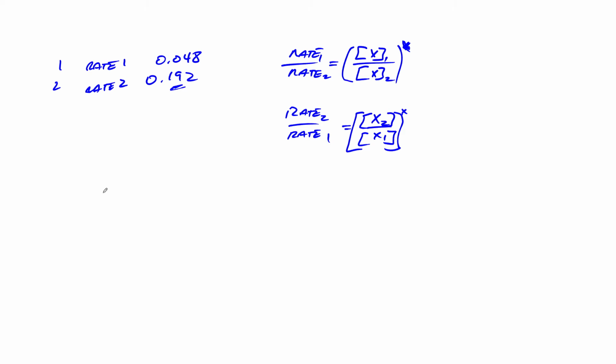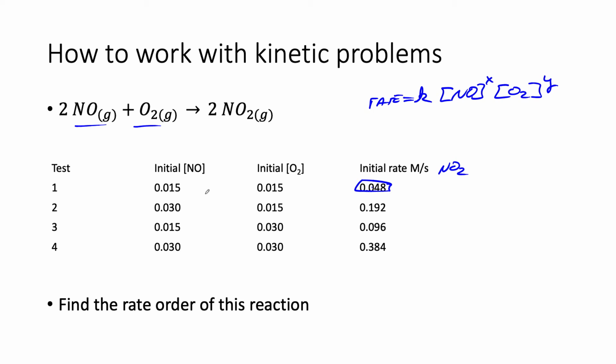So rate 2 is 0.192, rate 1 is 0.048. That's equal to the ratio raised to the power x. Now let's go back to the data. What concentration are we changing? Between experiments 1 and 2, oxygen is staying the same, but we're changing the initial concentration of NO, nitric oxide, from 0.015 to 0.03.